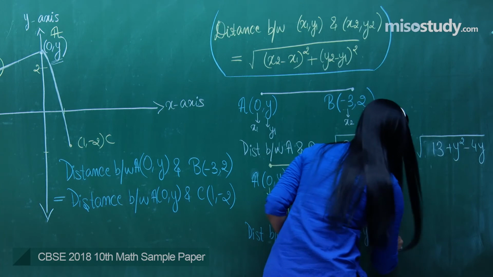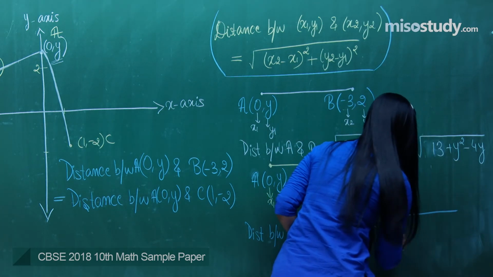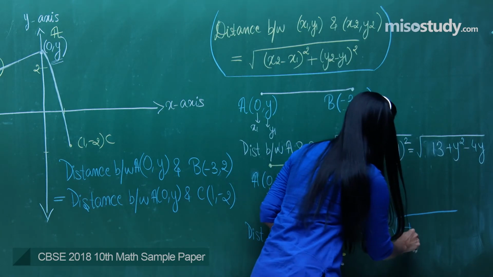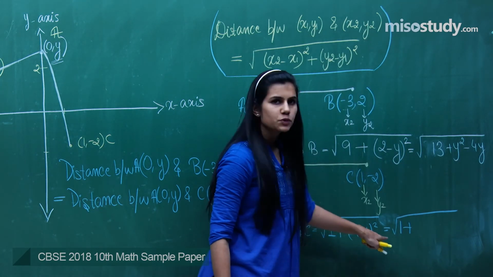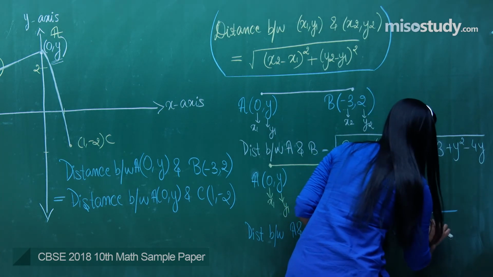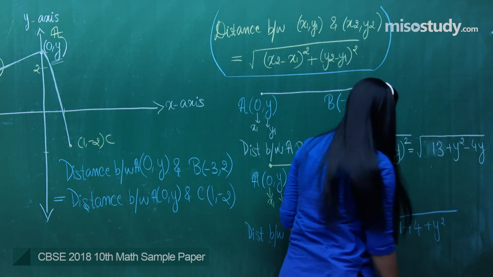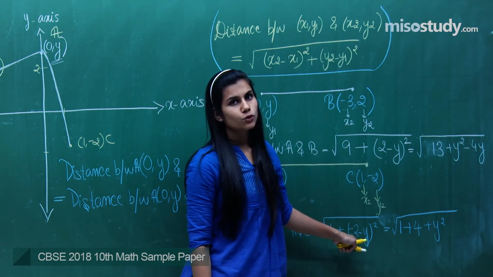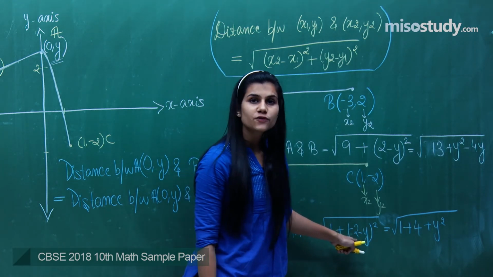Let's solve this. Under root 1, 1 square is 1, plus (minus 2 minus y) whole square. So minus 2 whole square is 4 plus y square minus 2 into minus 2 into y, which gives you plus 4y.